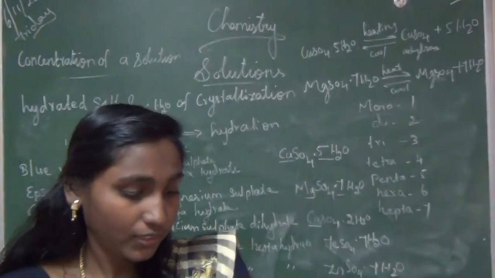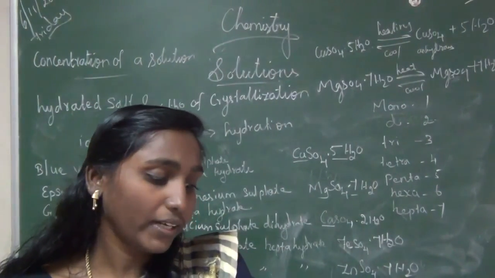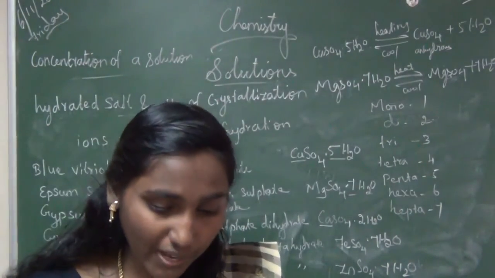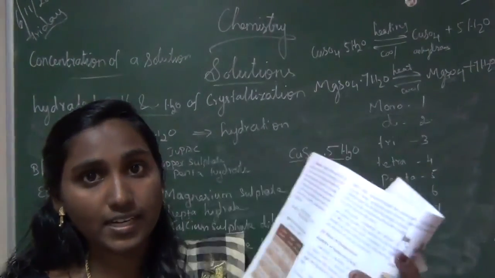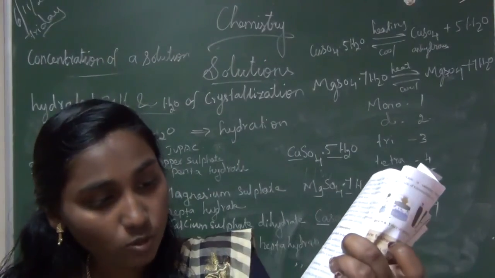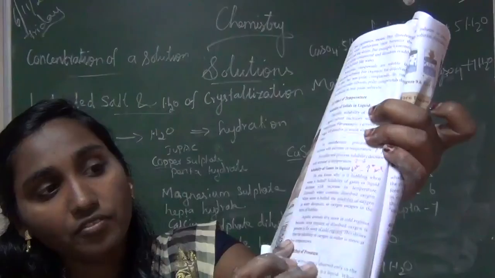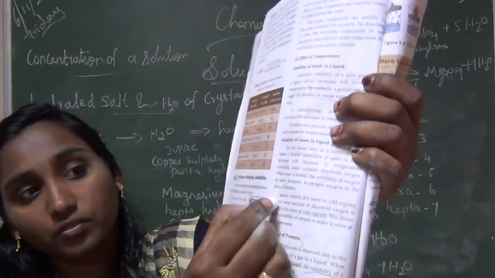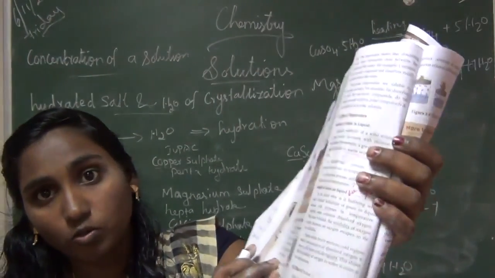The next question: the aquatic animals live more in cold regions. Why? Answer is on page number 128. The last class we studied this one. Under the subheading effect of temperature, solubility of gas in liquid, mark the second paragraph, the aquatic animals paragraph.